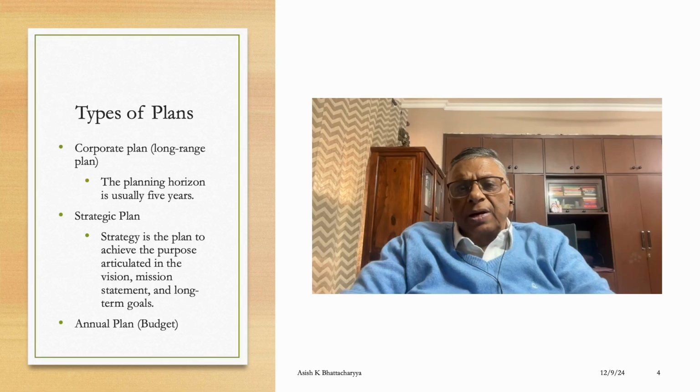Now, this is the strategy. That means which market we have to work, where we need to distribute our product, which products we should manufacture, what kind of resources are required, what should be the system that is required. So, strategy is very broad based. It gives direction to the future for every action.